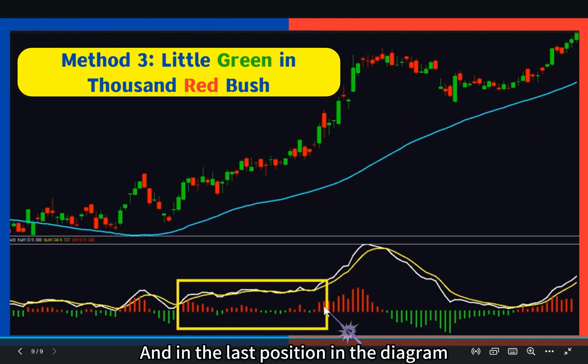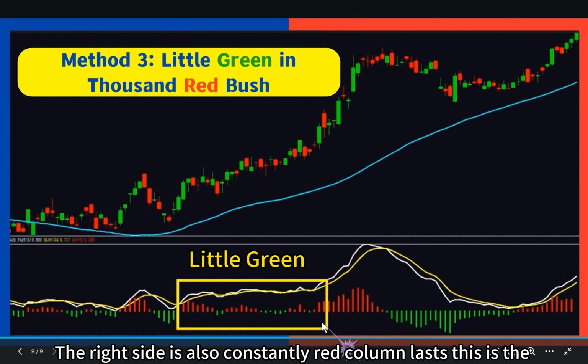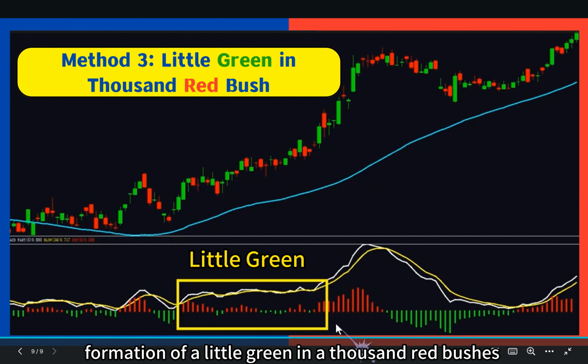And in the last position in the diagram, you can see clearly the green column here is only 1 day. On the left are 4 red columns, and the right side also has constant red columns. This is the formation of the little green in 1,000 red bushes.